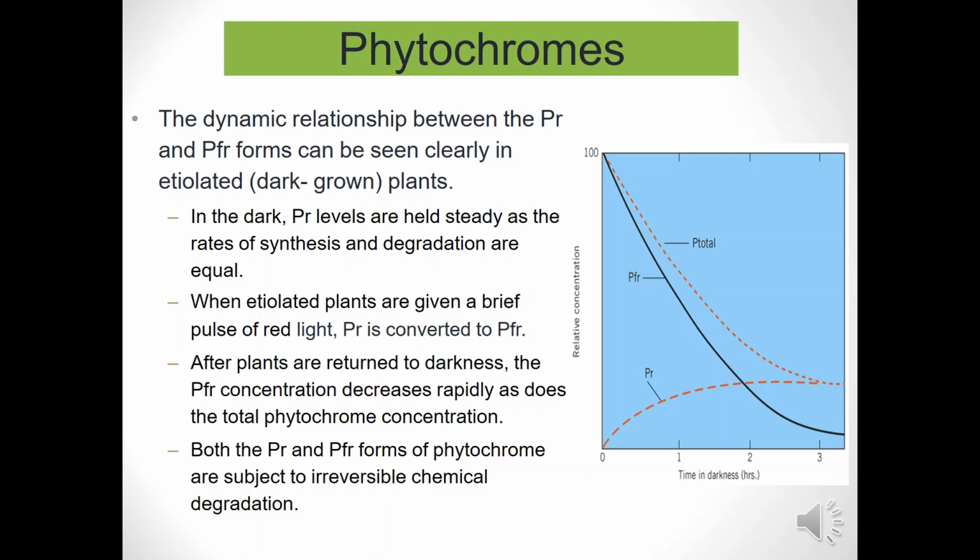Both graphs for the PR and PFR forms show an irreversible chemical degradation. This is only to show you that for PR converting to PFR, or PFR converting to PR, they have their own graph to explain the theory of these two relationships.